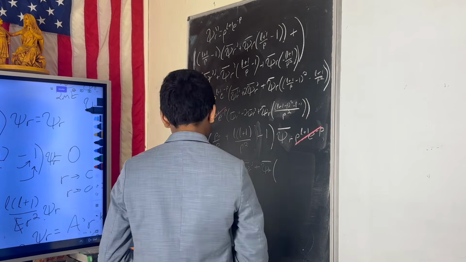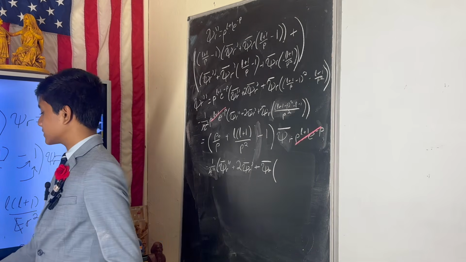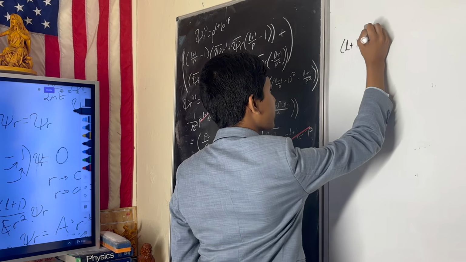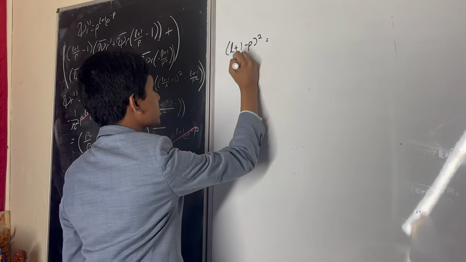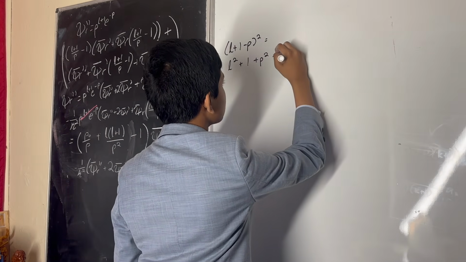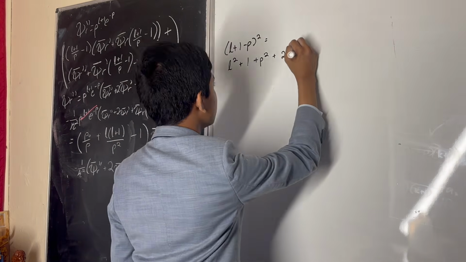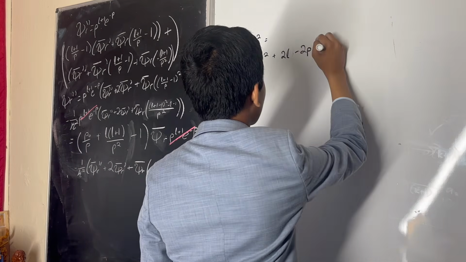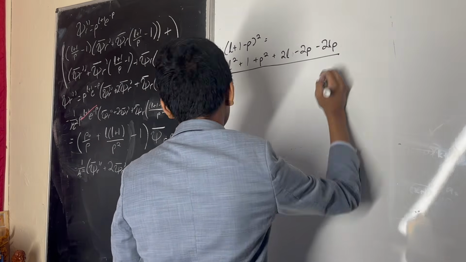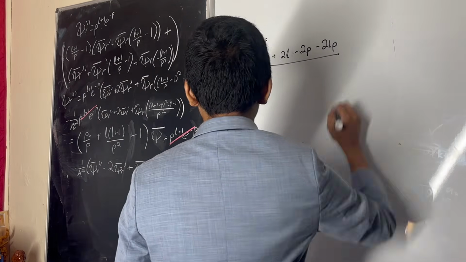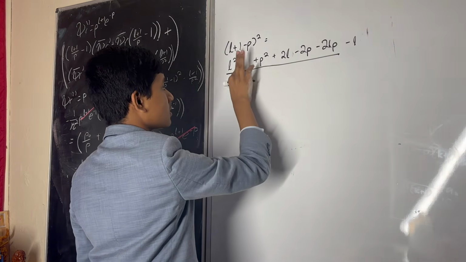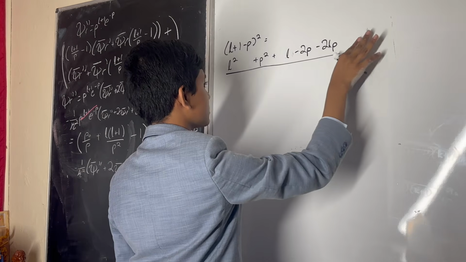So first, let's try to simplify this expression. What's L plus 1 minus rho squared? Well, that's just L squared plus 1 squared plus rho squared plus 2 times L times 1 plus, minus 2 times rho times 1 minus 2 times rho times L. So this is the entire expanded expression, and we subtract minus L minus 1, which means this disappears, and this gets cancelled.